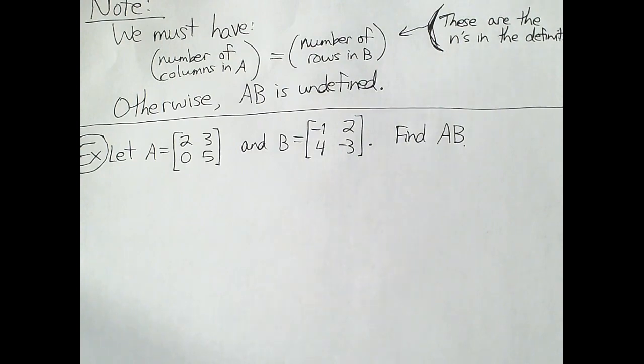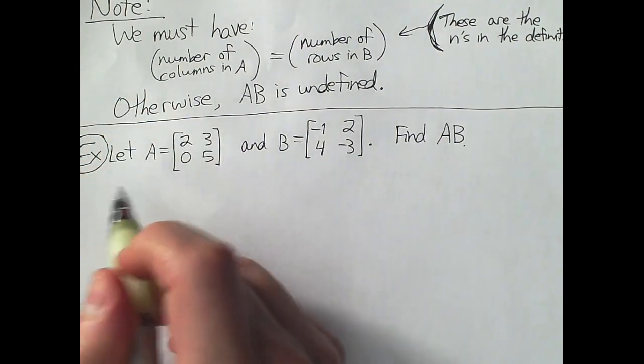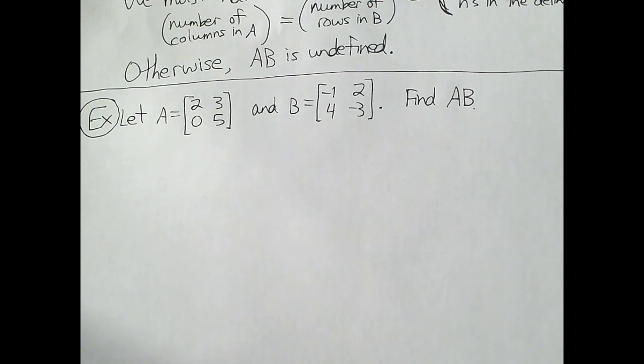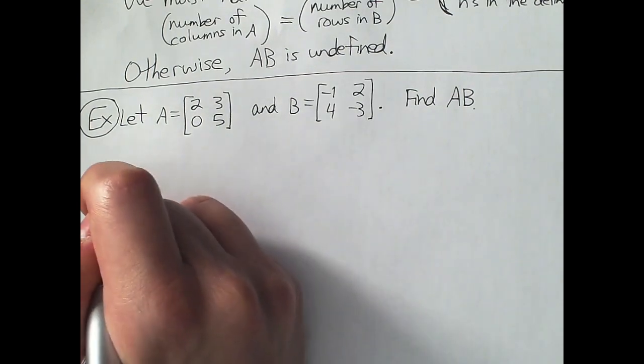Right now, all we know is the definition that we said a few minutes ago, and that's what I'm going to use to solve this problem, and you'll see that the definition works. And then we'll talk about the other way. So if you've seen another way of multiplying matrices, trust me, we're going to get there, and it's going to be equivalent to what we're doing now. All right, but let's use the definition.